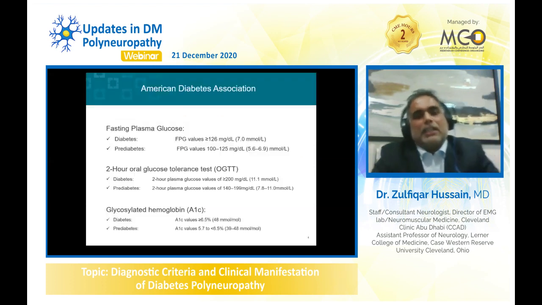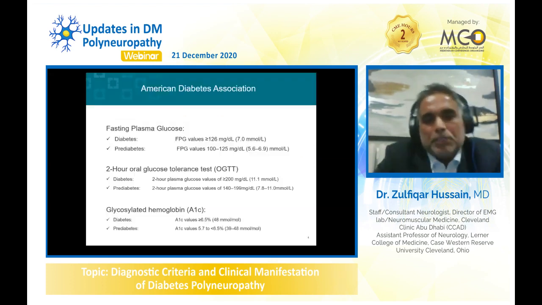Diabetes is mostly of two kinds. Type 1 is due to insulin deficiency, and that's about 5 to 10%. Type 2 is about 90 to 95%, and is due to overproduction of insulin in the setting of insulin resistance.